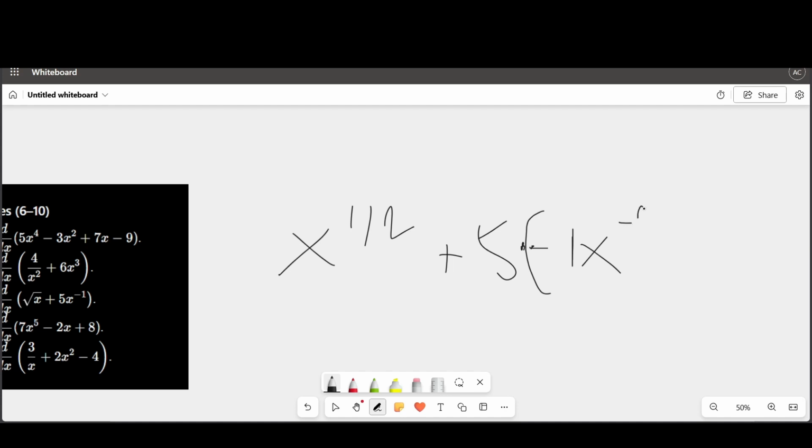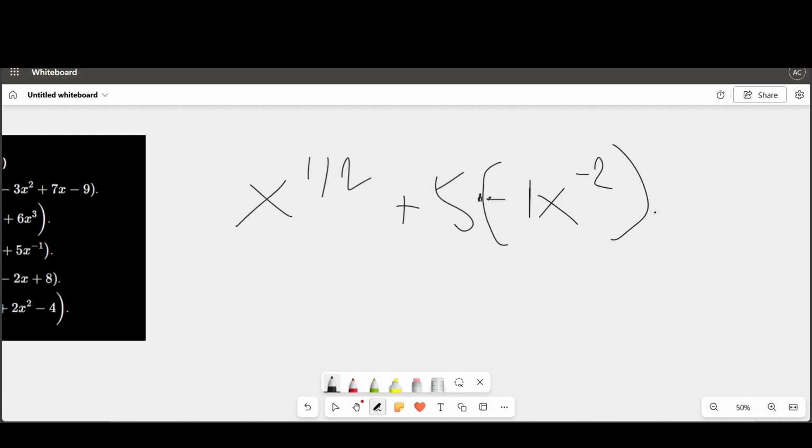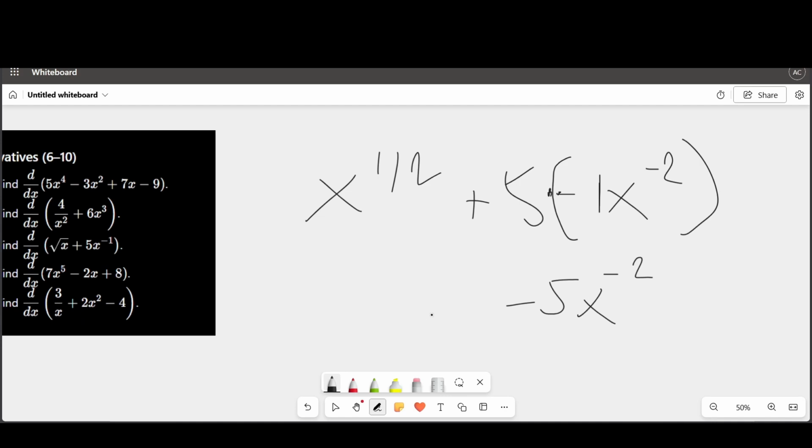Negative 2 over here, so let's times that. 5 times negative x is going to be negative 5x. Well, negative 2, I believe it's going to be 5 plus 0 as well. So it's just x to the 1 half.